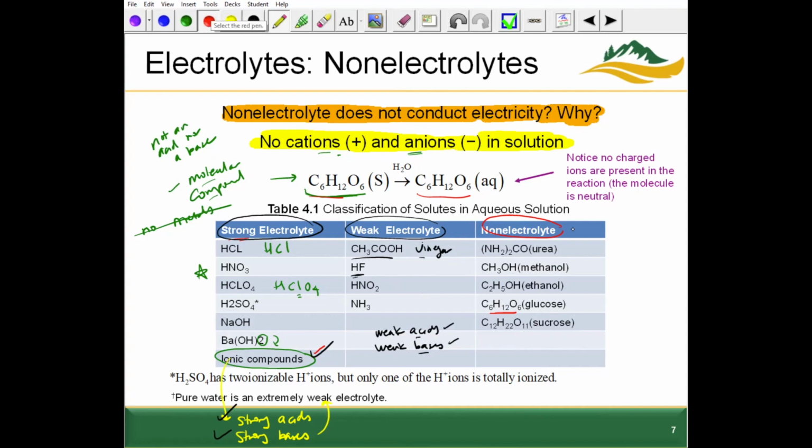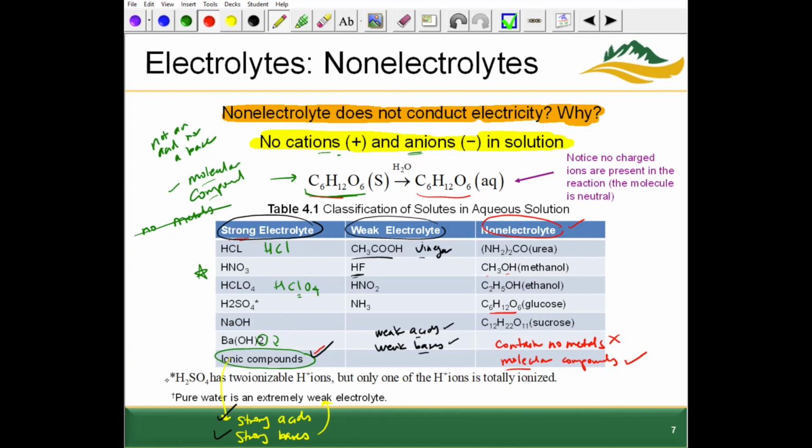What about these non-electrolytes? These all have in common, they contain no metals, and they're all, therefore, molecular compounds. Okay, so non-electrolytes, you won't see any metals here present, carbon, hydrogen, oxygen, nitrogen, and they're all molecular compounds.